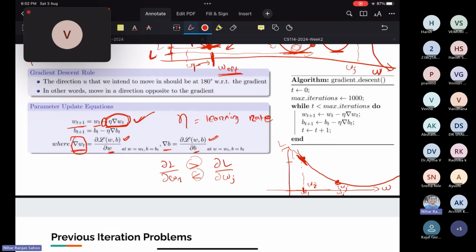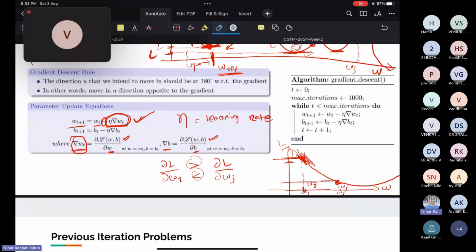You change W a little bit and see how much L changes when we initialize with this, and how much when we initialize with that. Because the inclination is higher, the change will be larger here. The actual relationship is that del L by del W at Wi will be higher as compared to del L by del W at Wj, because the slope is higher here.